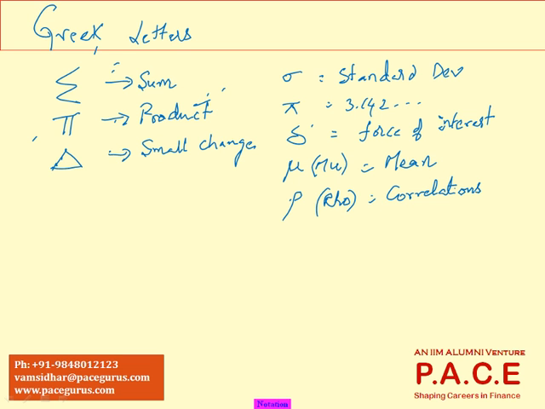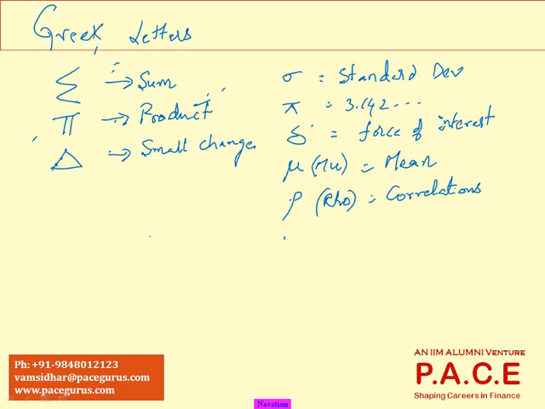We'll talk about these things in our stats, but yes, these are some of the Greek letters which are used heavily for various interpretation purposes. Of course, as and when we come across these notations, we'll discuss them in detail, but these are some of the most commonly used ones.